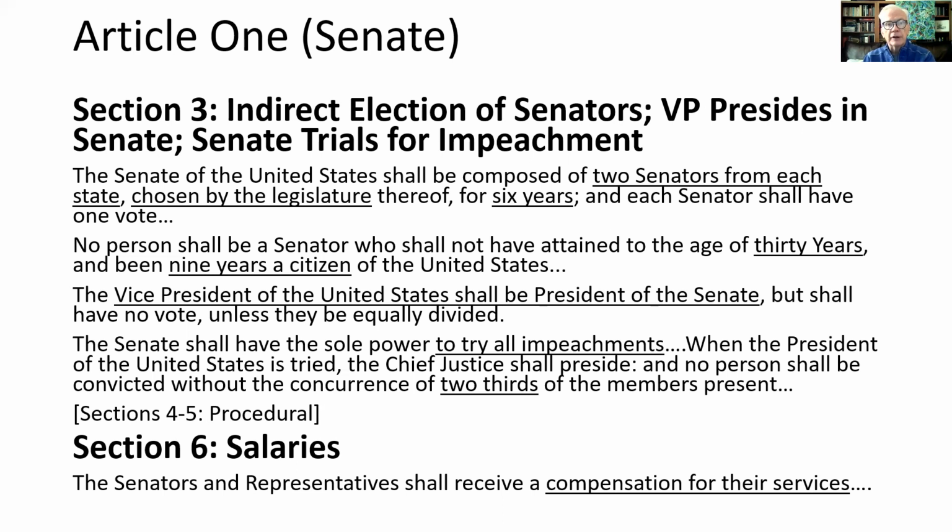The Senate, according to the Constitution, has the sole power to try all impeachments. So any federal official who is impeached by the House has to be tried by the Senate. And the Senate has to convict by a 2/3 majority of the members present at the time of the trial. There have been 4 presidential impeachments over the years: Andrew Johnson, Bill Clinton, Donald Trump twice.